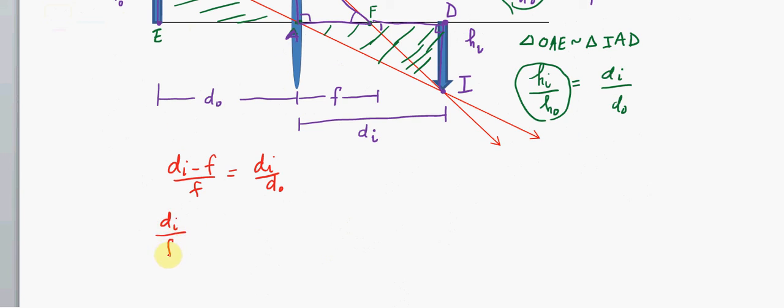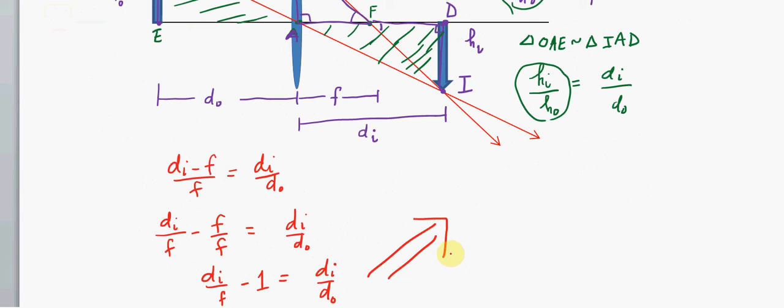D sub I over F minus F over F is equal to D sub I over D sub O. Then let's simplify one step further. D sub I over F minus 1 is equal to D sub I over D sub O.